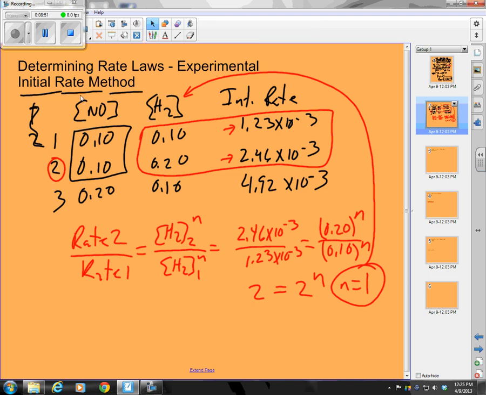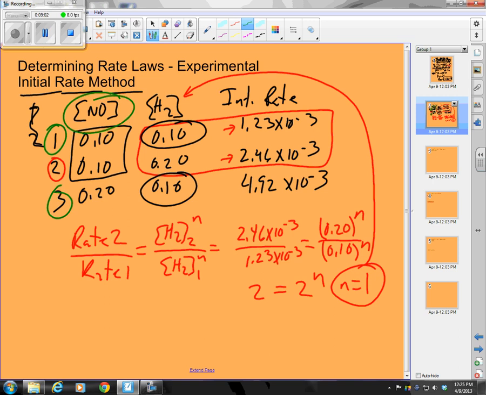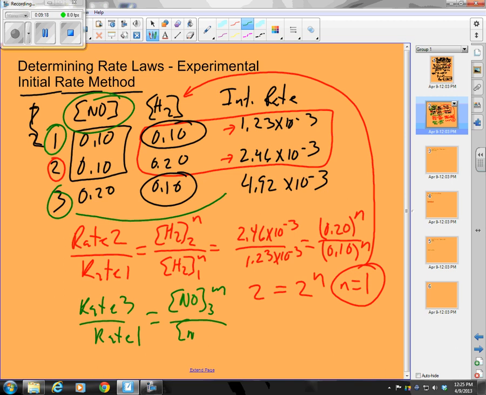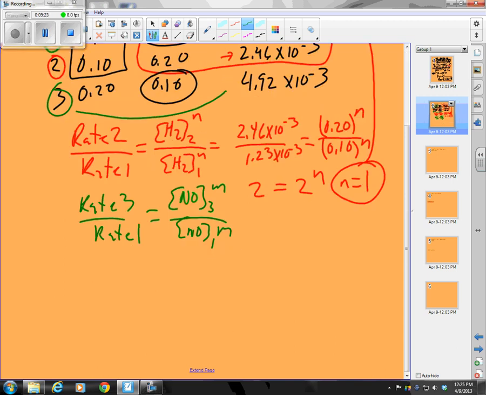We'll do the same thing now. We hope that we can find two H2 values that are constant, and then we'll analyze those two experiments in terms of NO. So I'm going to take rate 3 over rate 1 is equal to the concentration of NO in reaction 3 to the M over the concentration of NO in reaction 1 to the M. When I do that, what do I get?